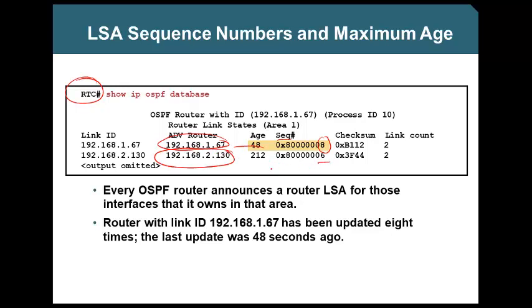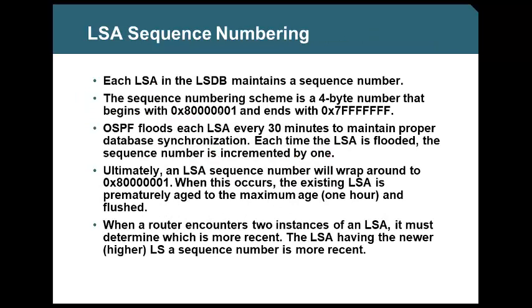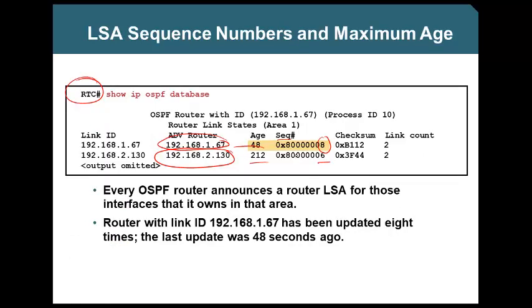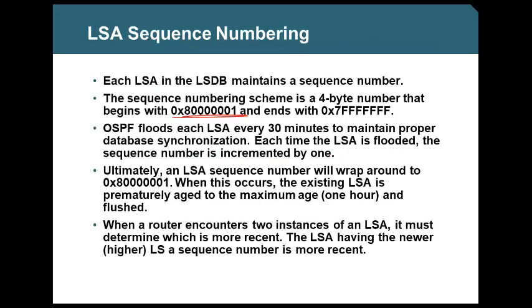And when all this becomes F, it is not possible to become all F, because every 1 hour it will reset. So within 1 hour, it cannot reach FFFF. In case it reaches, it will reset back to this number.